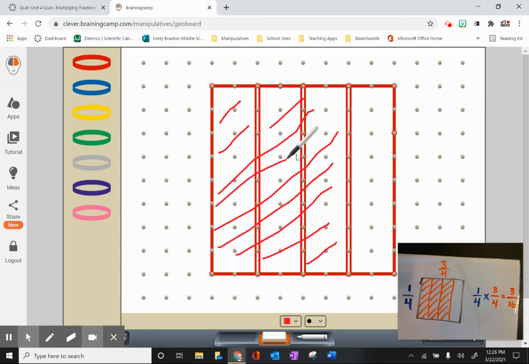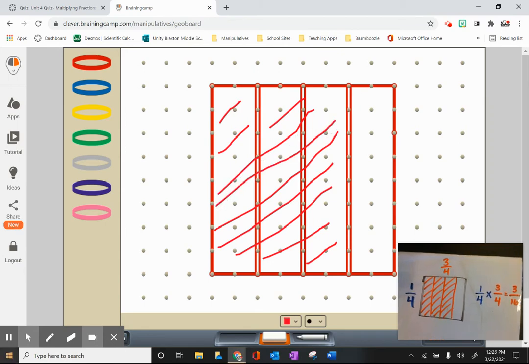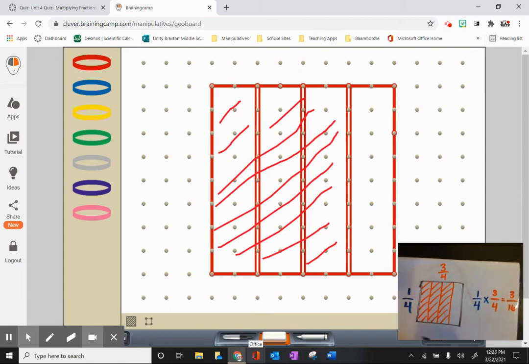All right, and going the other way, I'm going to draw 1/4. On this picture, I'm still going to divide it into fourths, but in this case it's going to be coloring in 1/4. So I'm also going to do fourths going this way.